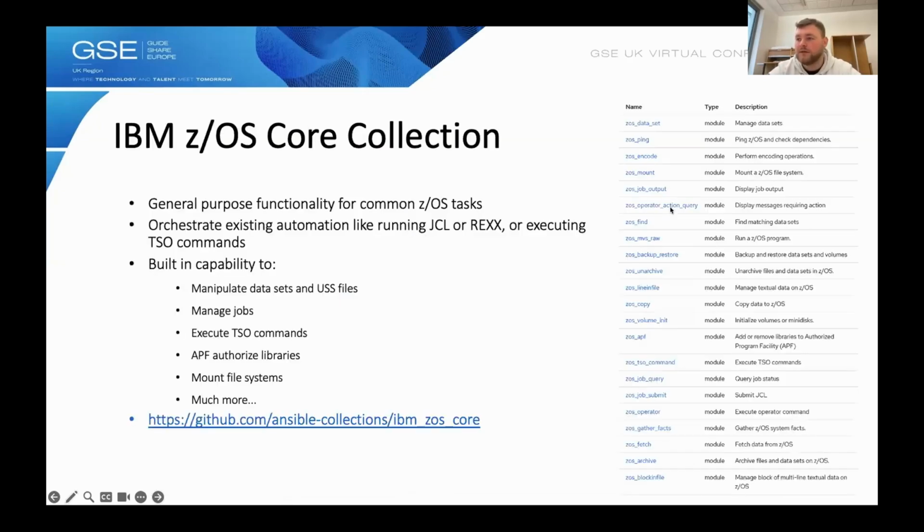So what are these certified content collections? This is the IBM z/OS core collection. It's a general purpose collection for common z/OS tasks. On the right-hand side are all of the different modules that you can import and use. As you can see, it's a long list. I'm not going to go through every single one, but things like manipulating datasets and USS files, managing jobs, executing TSO commands, things like that, you can do with this.